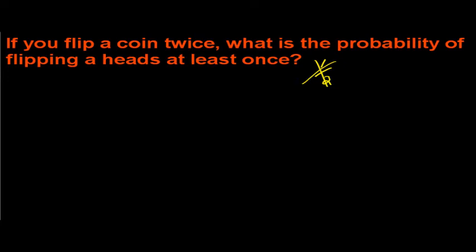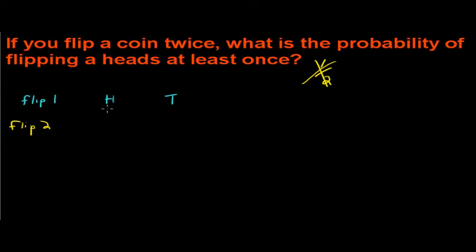First, to do this, we need to create a sample space where we list all the possible outcomes. Okay, we're going to do that with the tree diagram, which is how we organize that. So, if we flip the coin one time, on that first flip, we can flip heads or we could flip tails. Okay, now, when we flip a second time, there are some outcomes that are different.